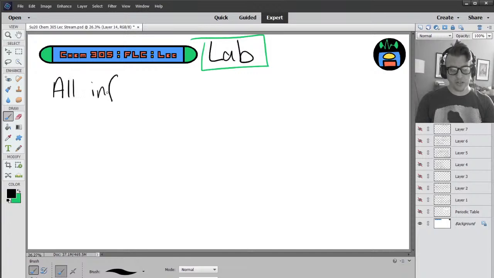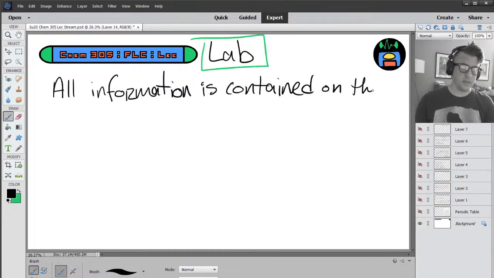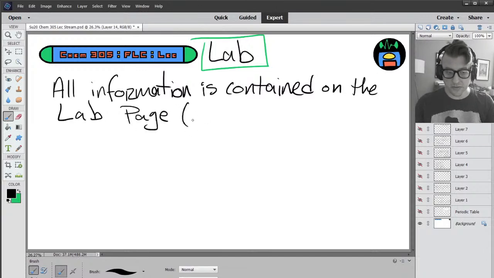All information is contained on the lab page, which you'll be able to find under modules.